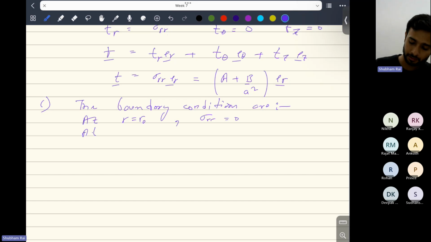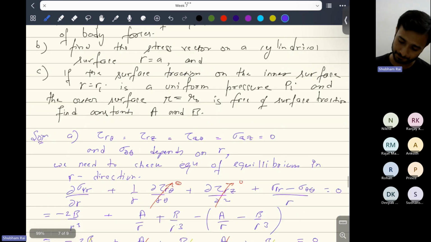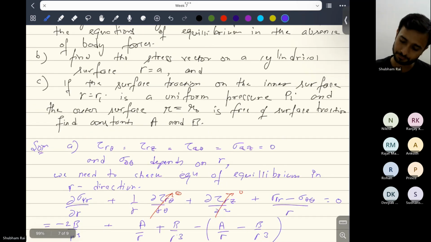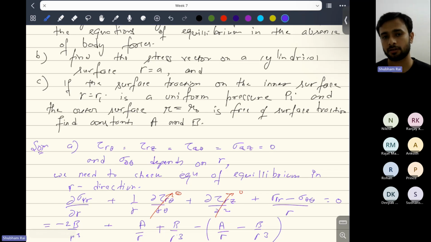And at r is equal to r_i, your traction is given to be minus p_i, right? Minus because on the inner surface, your e_r will be minus e_r, because your outward normal will be towards the inside.